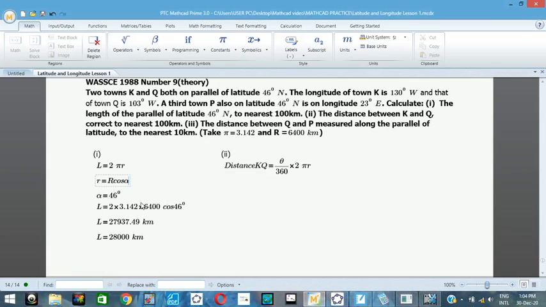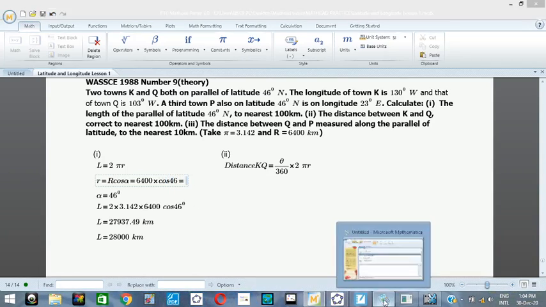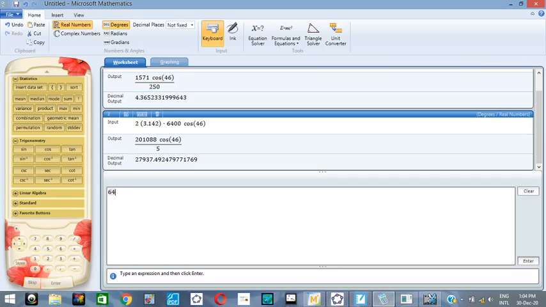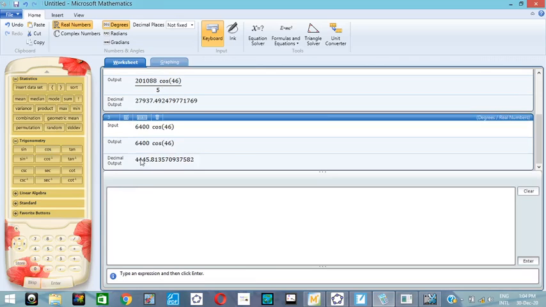Let me see if I can put the value so that you can get it. That is 6,400 times cos 46. Let me calculate it with my calculator here. 6,400 times cos 46, which is 4445.81.